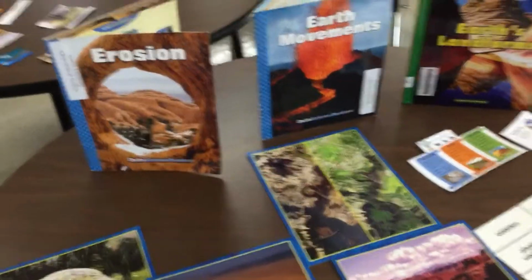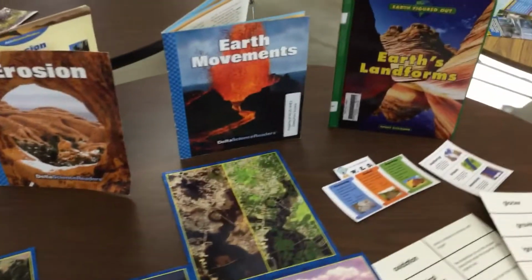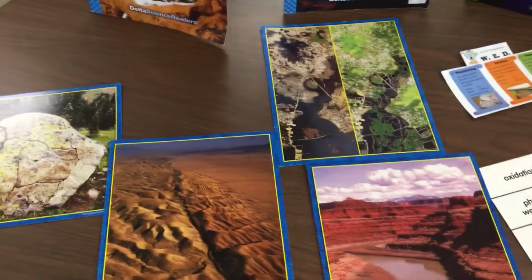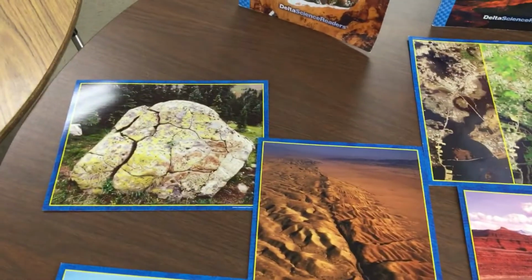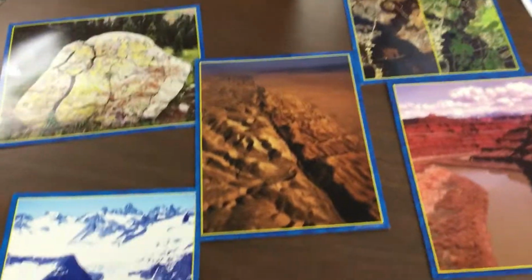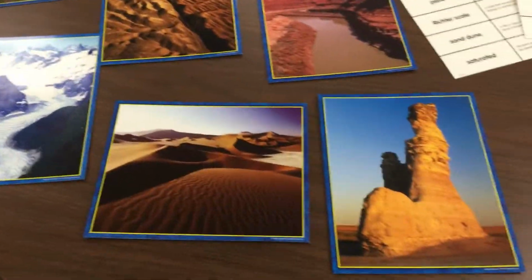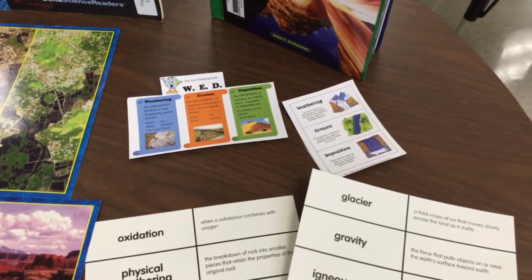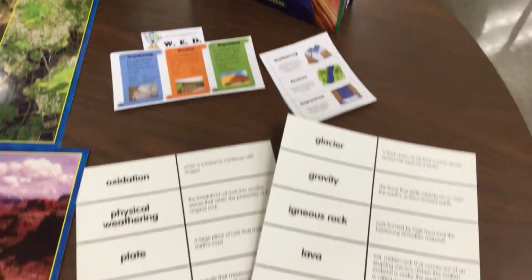And then we also have landforms. Yay, we're going to talk about landforms, which is erosion, earth movements, and landforms. Okay, so right here we have the river. Then we have the types of landforms. So we have a couple of types of landforms. And then this is talking about all the different ways that landforms are formed through weathering, erosion, deposition.